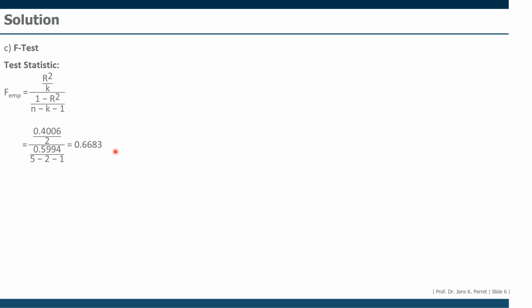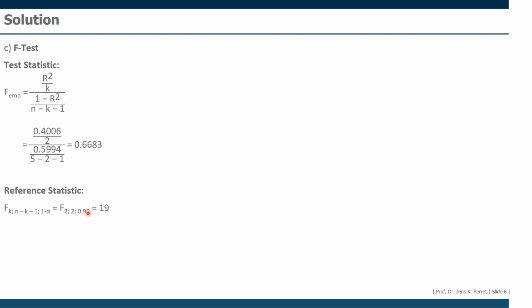For the F-test, the reference statistic is given as F with k, so here 2, and n minus k minus 1, 5 minus 2 minus 1, so 2 as well, and then 1 minus alpha. Alpha is the margin of error. We had in the text alpha being 5%, so here we have 0.95.